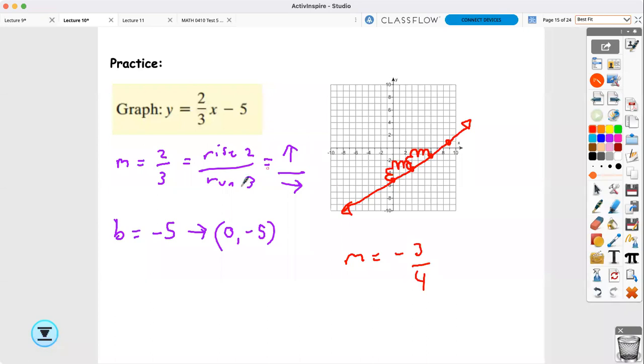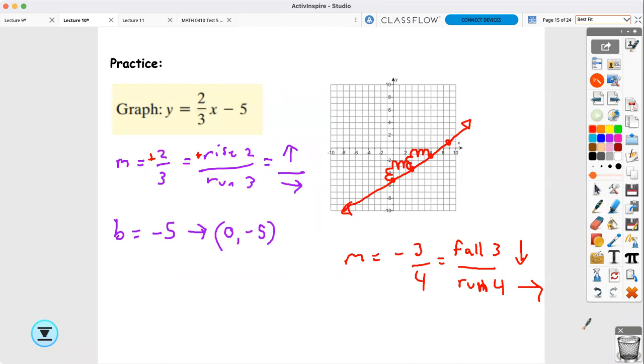If it's a positive slope, we rise up. If it's a negative slope, Tanya, then we fall and we go down instead. And we still run 4.